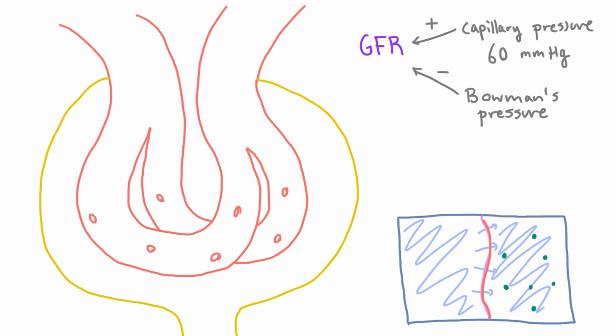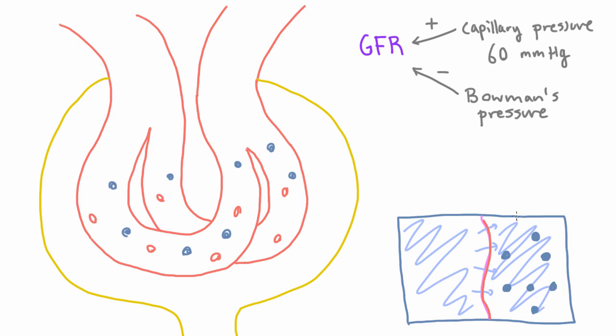And you might be confused because we said that all the solutes like sodium, potassium, glucose, amino acids all get out easily of the capillary. Well, they do, but there's one solute that doesn't, and that is proteins. So as we mentioned, proteins cannot get out of the capillary into Bowman's space, and proteins are a solute, and they do cause a kind of osmotic pressure. So in this case, instead of electrolytes on this side, we have little proteins.